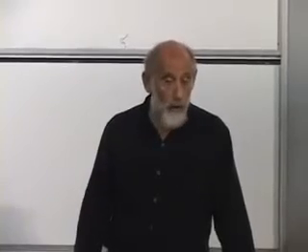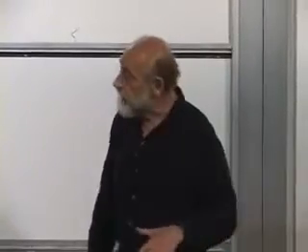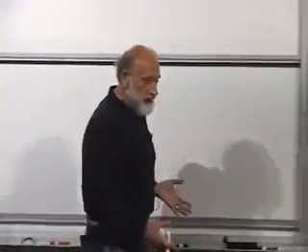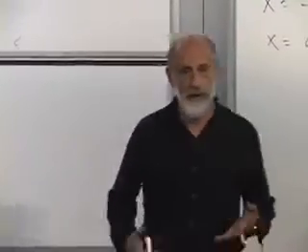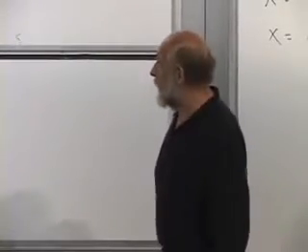Another question we might ask is, what are the energy levels? What are the possible energies of the harmonic oscillator? And the possible energies are also determined by the Hamiltonian. So to get started with anything useful, we have to have a Hamiltonian.